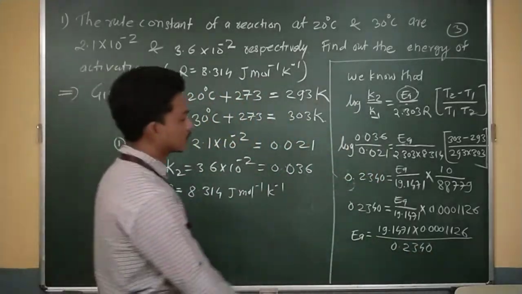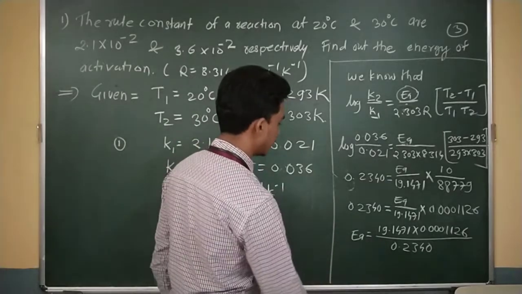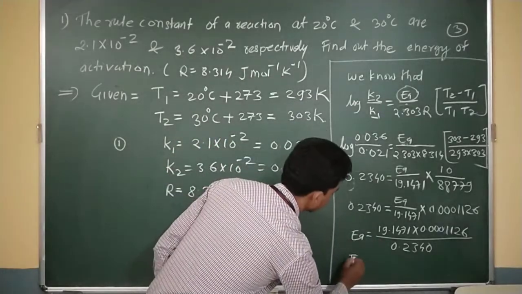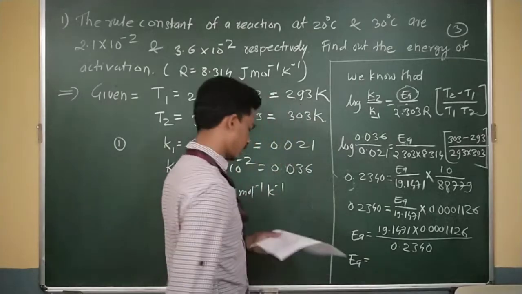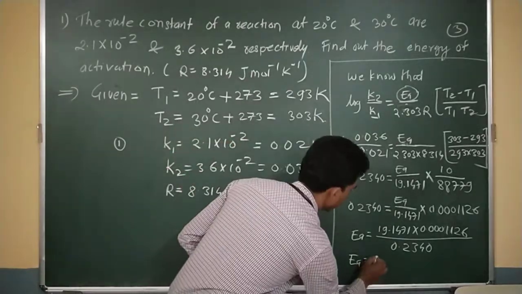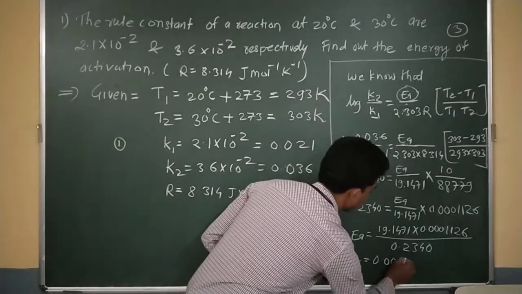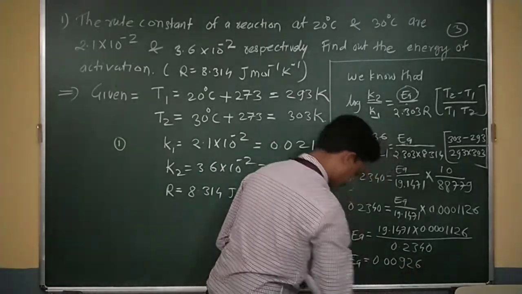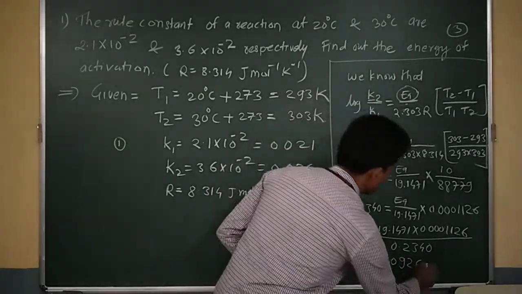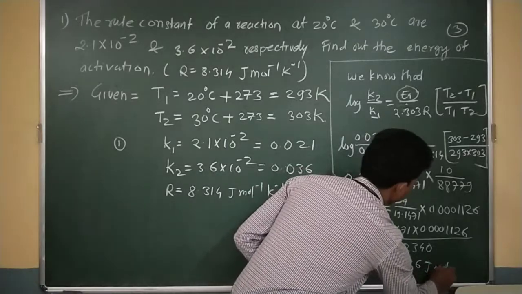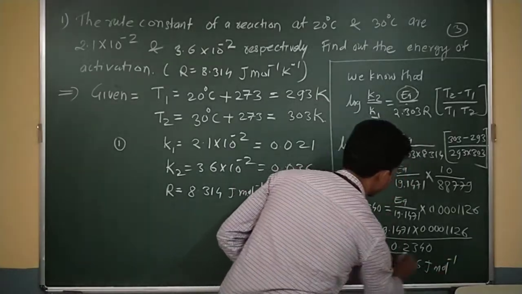After the calculation of this value, I will get the energy of activation, that is EA is equal to 0.00926 joule per mole.